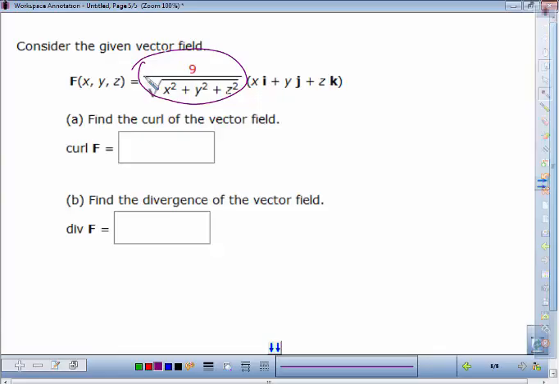So they asked for the curl first. Curl of the vector field. So we want the del operator cross the F function.